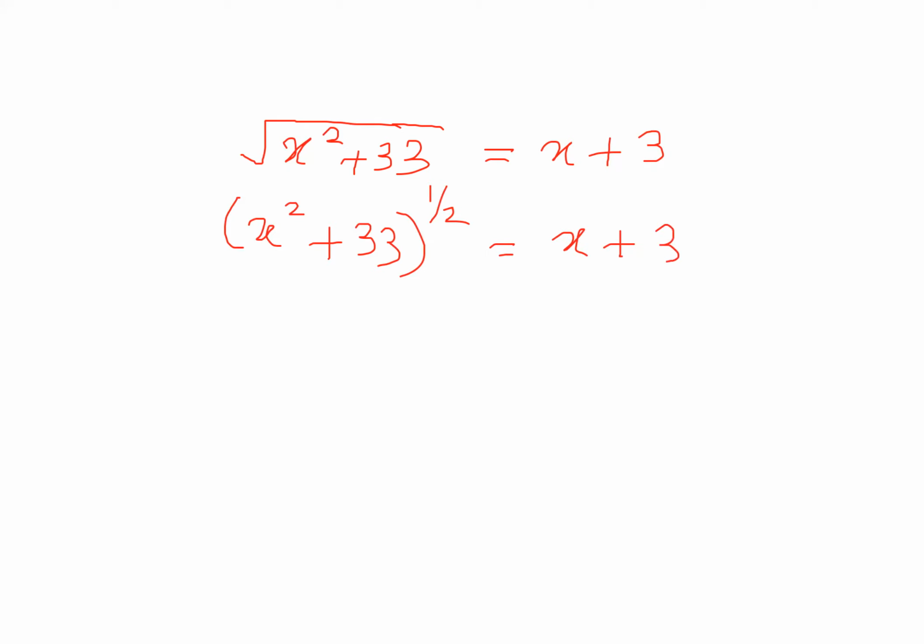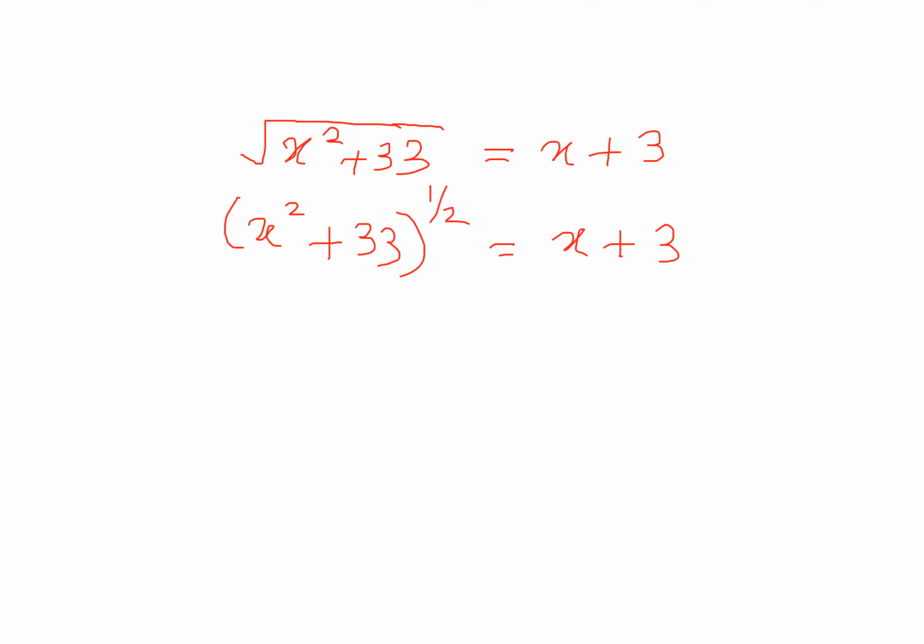When we solve this, as the first step we need to remove the square root sign, otherwise we can't get the value for x. To remove the square root, we have to square both sides.